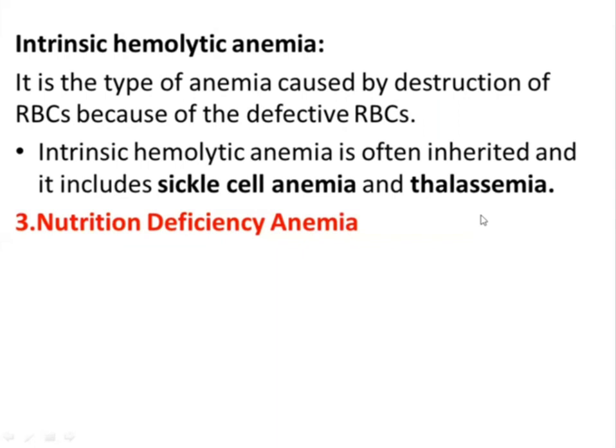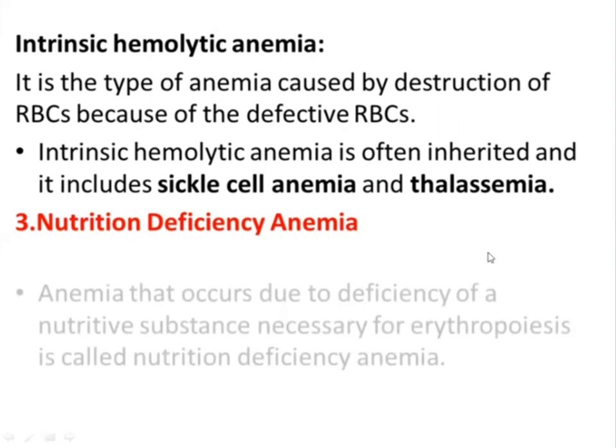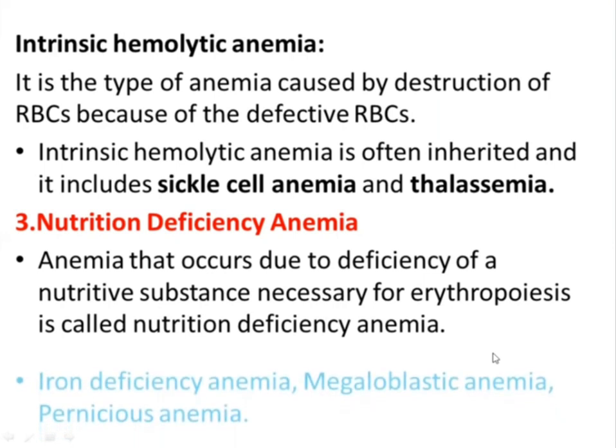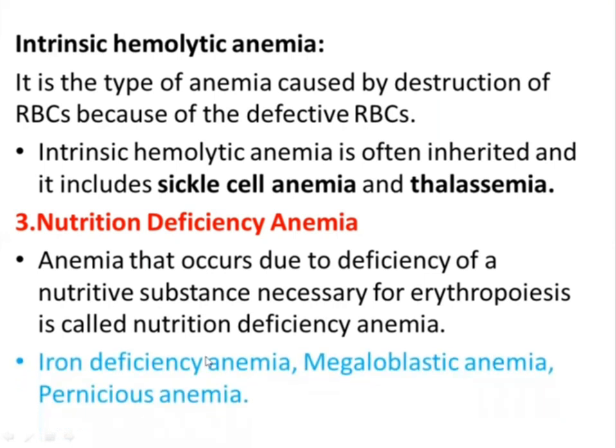Then we will see the third one, the nutrition deficiency anemia. Anemia that occurs due to deficiency of nutritive substances necessary for the erythropoiesis is called a nutrition deficiency anemia. There are three types of anemia: iron deficiency anemia, megaloblastic anemia, and pernicious anemia.